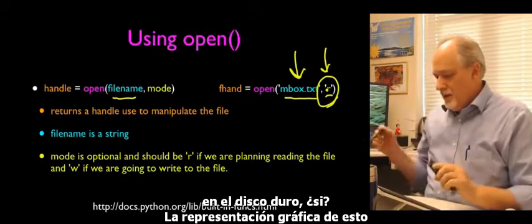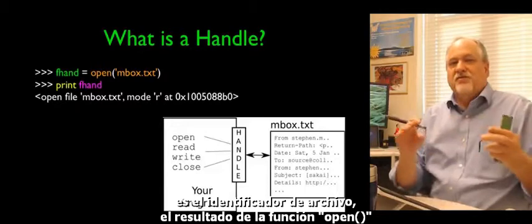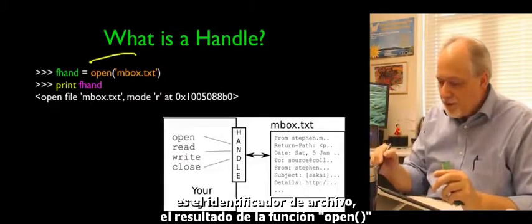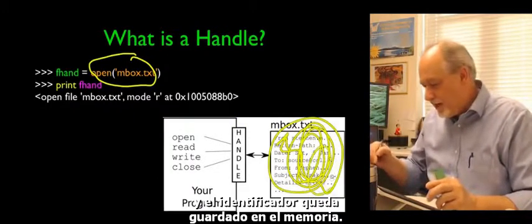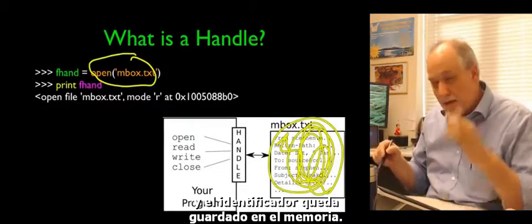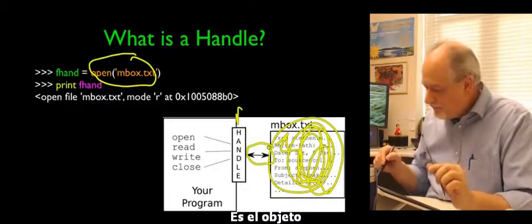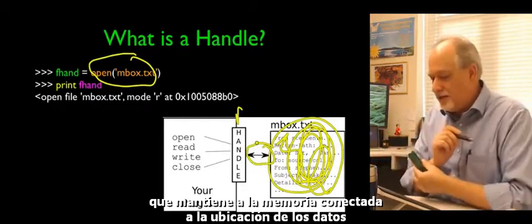A graphical way to take a look at this is the file handle, the thing that comes back from the open request. The open goes and finds the file out on the disk drive, and then the handle is something that lives in the memory that maintains its connection to where all the data is on the disk.